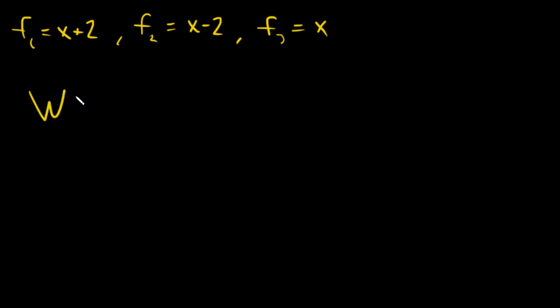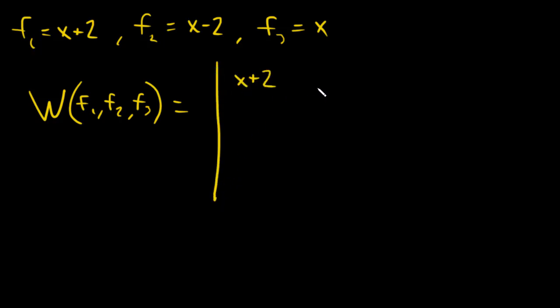So the Wronskian of f1, f2, and f3 is going to equal, well, we're going to have the original functions, x plus 2, x plus 1, x minus 2. I'm looking ahead and going, oh yeah, you really shouldn't do this. This is a terrible example.